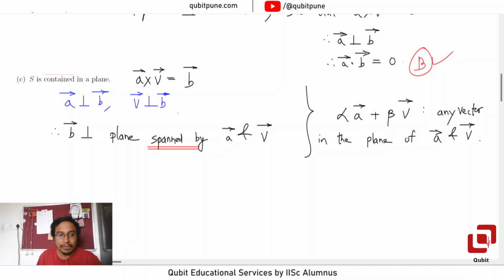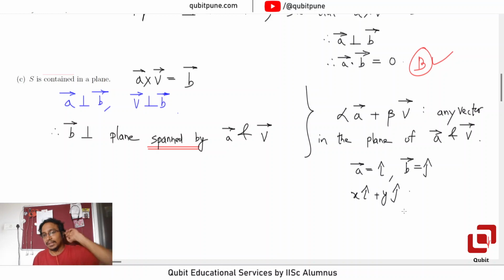This is true because if I take a bar as i cap, the only requirement is that they shouldn't be collinear, and if I take b bar as j cap, then we can get any vector in 2D, we know that, x i cap plus y j cap, any vector in the plane.